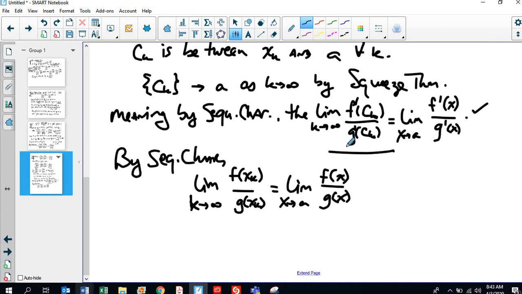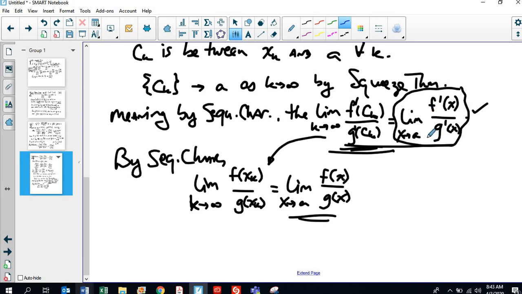All right, and so this guy, this was assumed to exist. This equals this, equals that, and that equals that, right? So basically we have one, this was given to exist, that equals this, which equals this from above, which has to equal that by sequential characterization, all right?